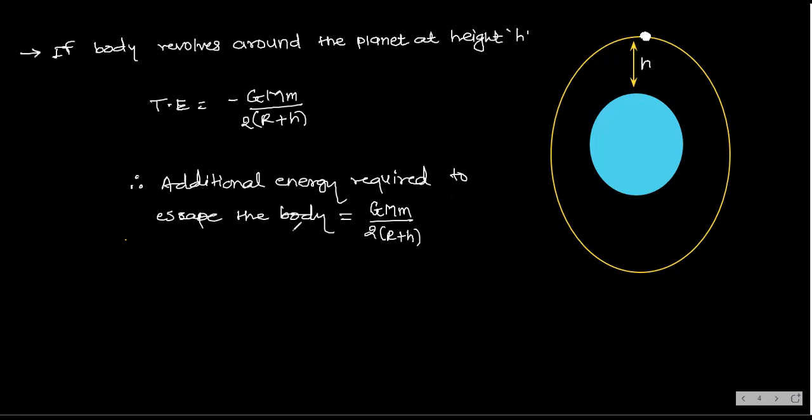So these are the cases we have learned: how to escape from one orbit, or the work done required to move from one orbit to another orbit. All these things we have finished. So escape velocity, orbital velocity, work done, trajectory path, all these things we have learned, right?